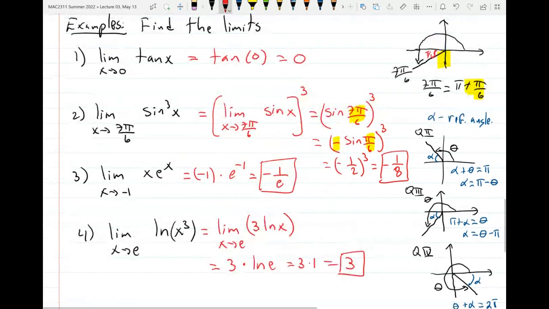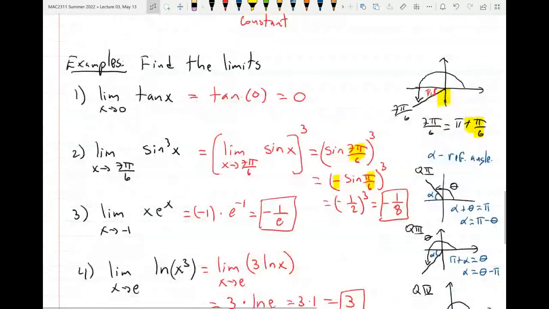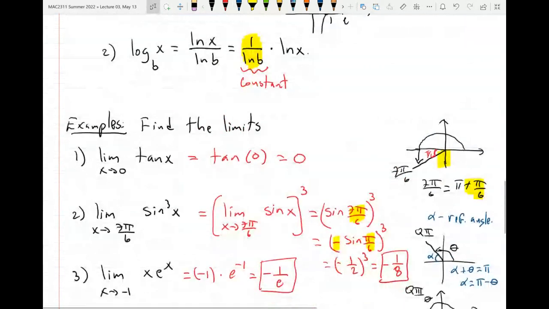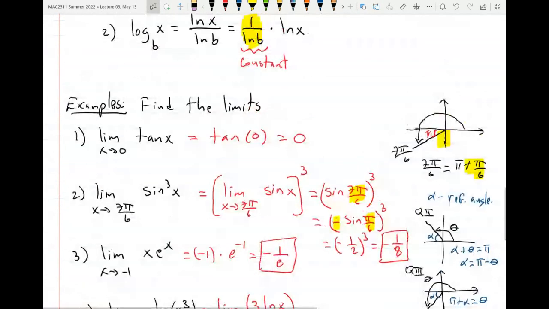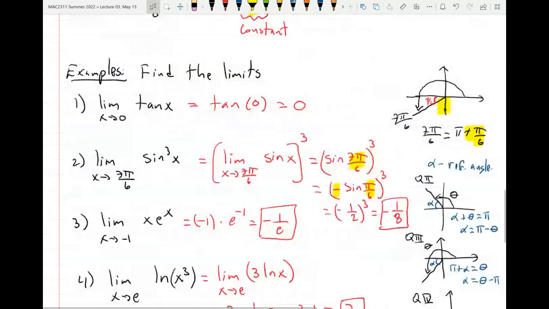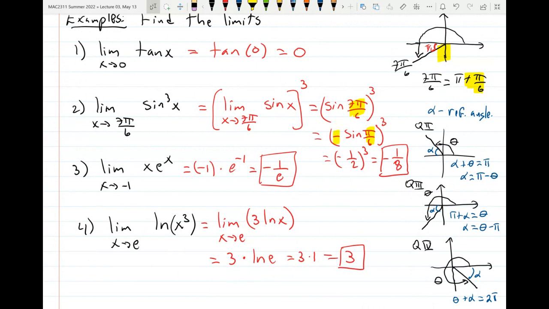All right. So with these 4 examples, you see how we have used some of the algebraic properties, and also how to compute with the transcendental functions. Again, for polynomial and rational functions, as mentioned above, we just plug in. As long as we can just plug into the function, we're basically good to go to find the limit.